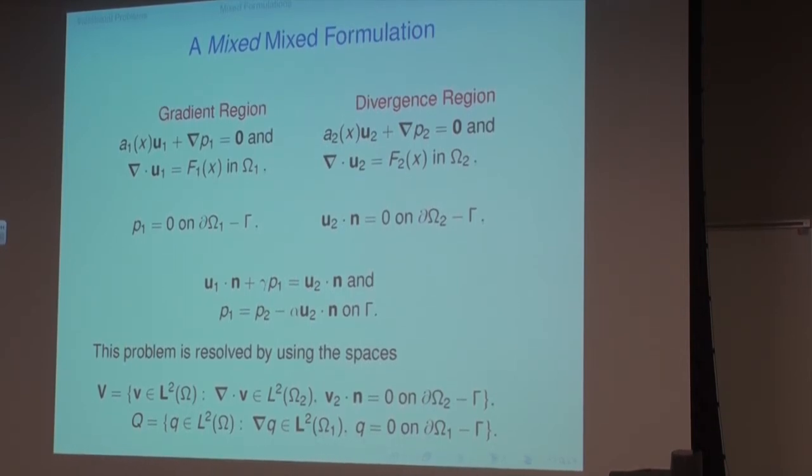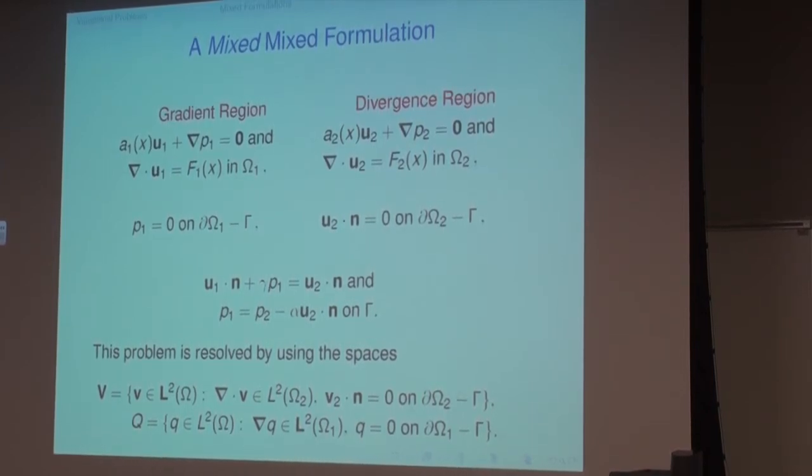Here's a cute game. If I do an interface problem, I have a Darcy system here, a Darcy system here, and I want to couple them together. The interesting part of this thing is what happens at the coupling.